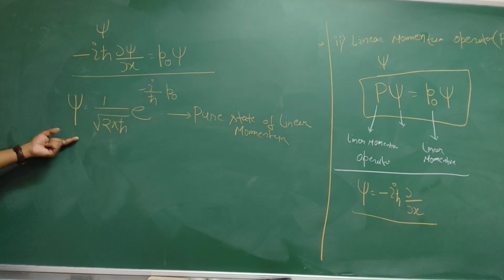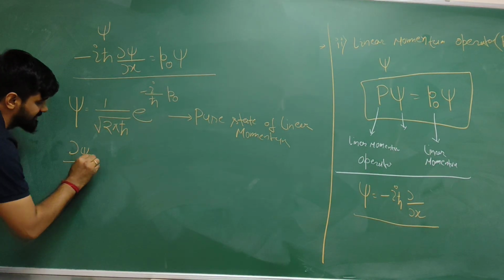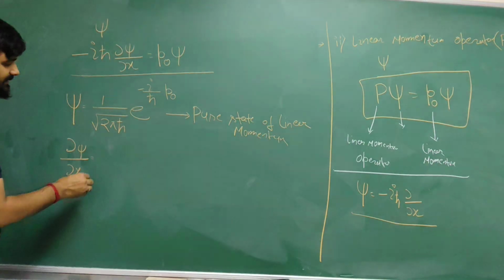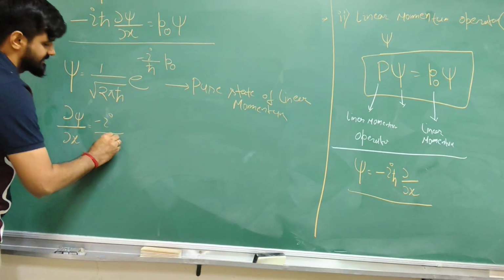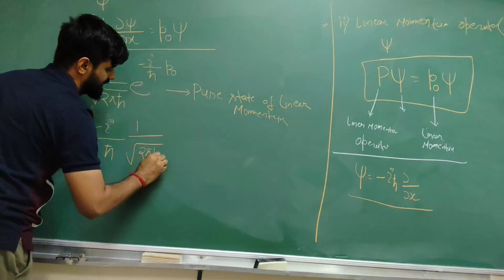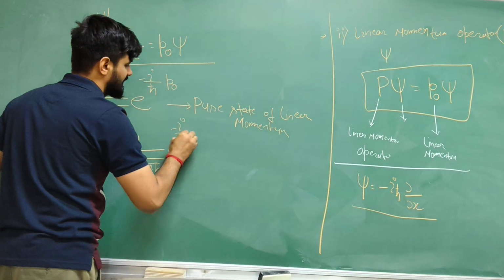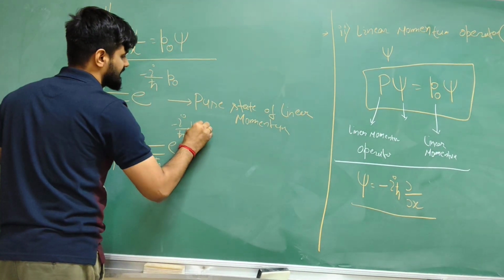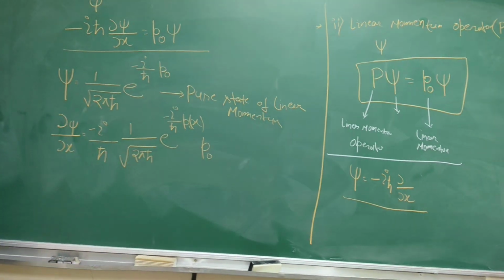If I differentiate this wave function, ∂psi/∂x, just try to find what you will get here. It will be equal to minus i by ħ times 1 upon root 2 pi ħ e to the power minus i by ħ p naught x, and then you will be getting the value of p naught.